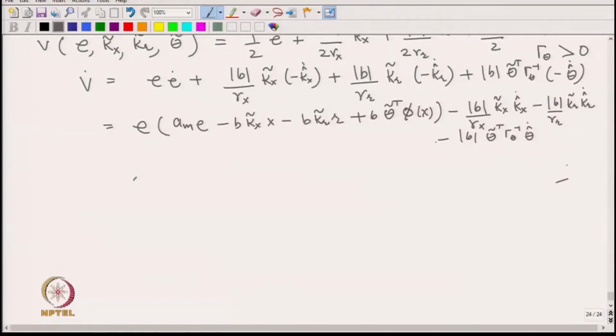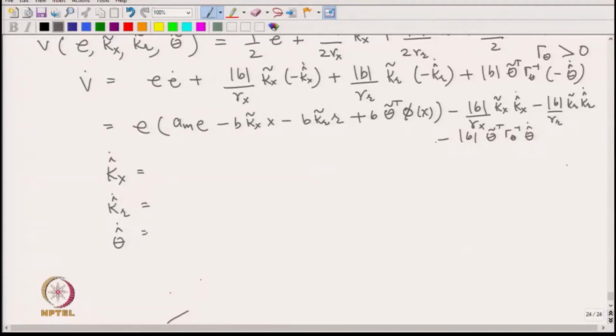So now we have set up the problem for designing the update laws for kx hat, kr hat and theta hat. Okay, so we want to generate the update laws for kx hat dot, kr hat dot and theta hat dot.